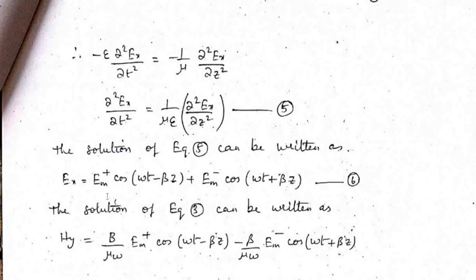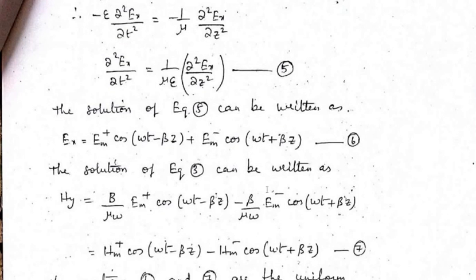Ex is equal to Em plus cos omega t minus beta z plus Em minus cos omega t plus beta z. So the other equation solution can be written as Hy is equal to beta by mu omega Em plus cos omega t minus beta z minus beta by mu omega Em minus cos omega t plus beta z.